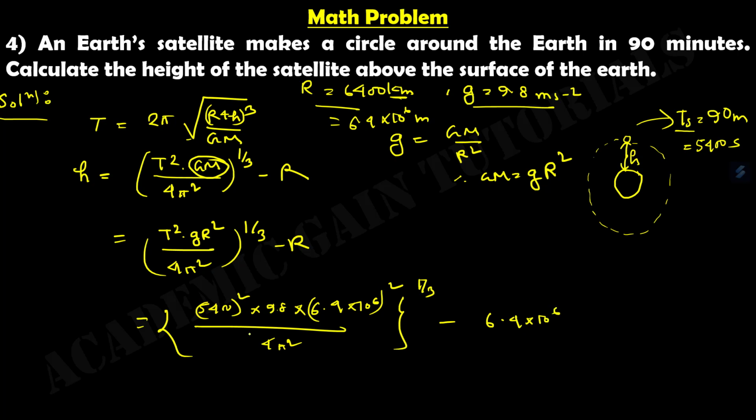Okay, if I calculate this value, I will get 0.268 into 10 to the power 6 meter, which is equal to 268 kilometer. So this problem is solved, and the height of our satellite is 268 kilometer.